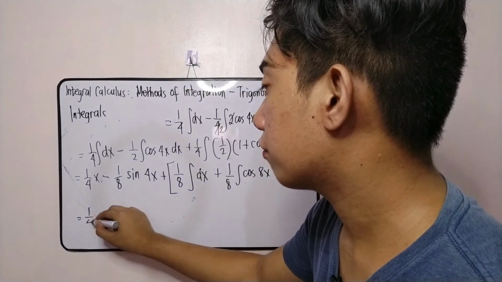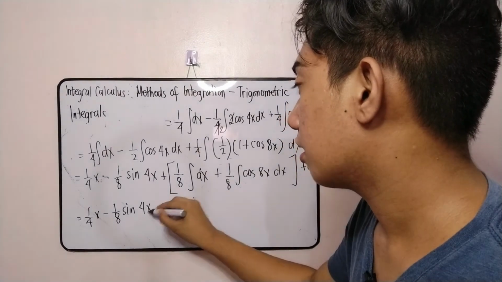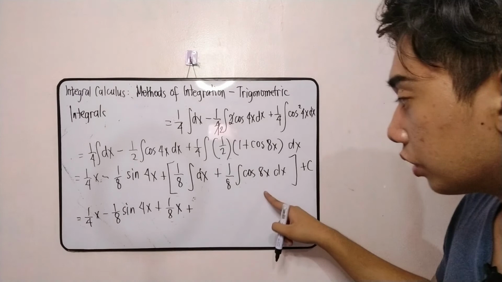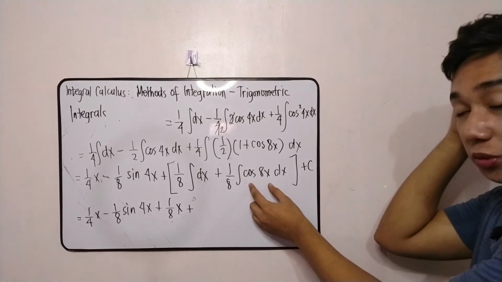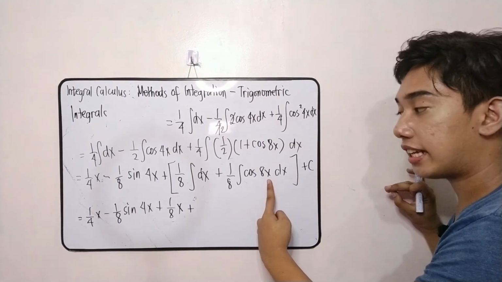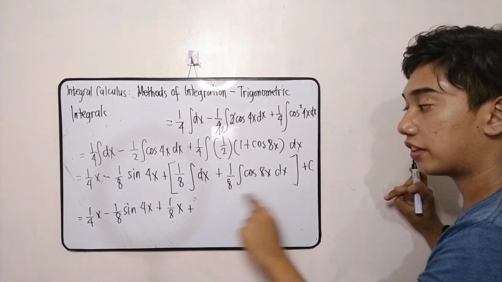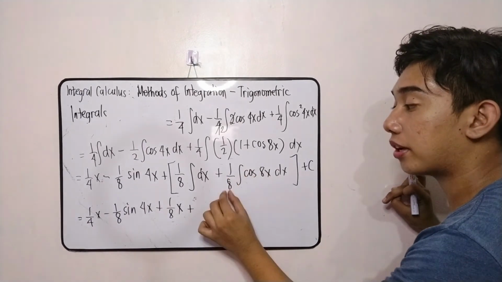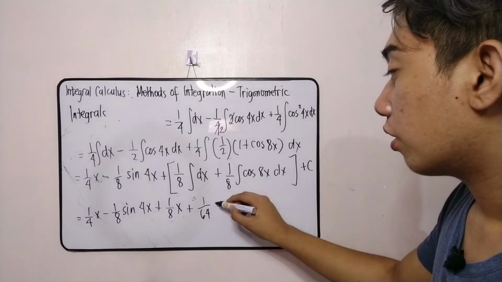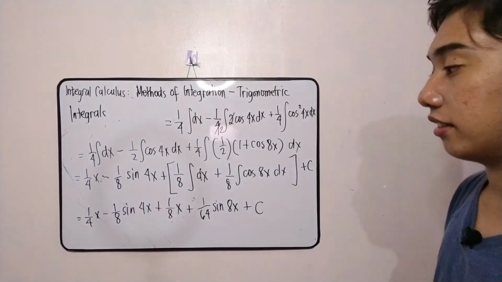So we copy 1/4 x minus 1/8 sine 4x plus 1/8 x plus its integral. So makuha na natin ang integral. Let u equal 8x, du is 8 dx. And take note, 1/8 du is equal to dx for this case. So 1/8 times 1/8 is 1 over 64. 1 over 64 sine 8x plus c.